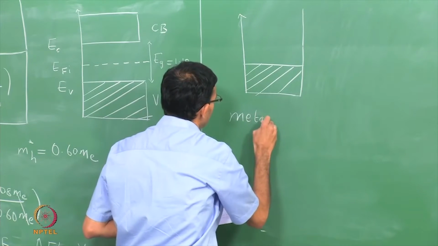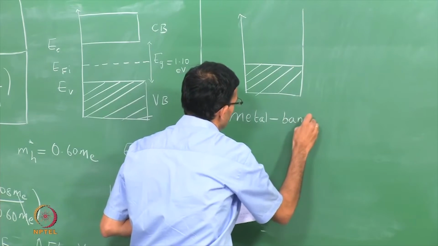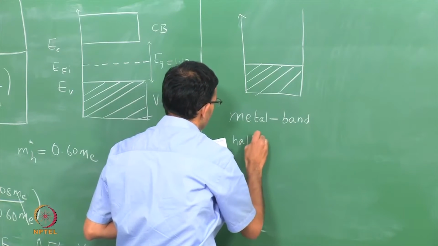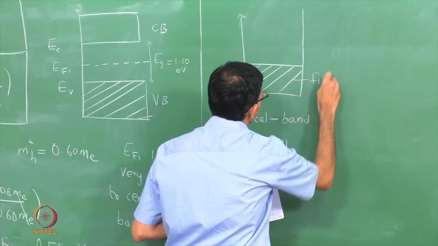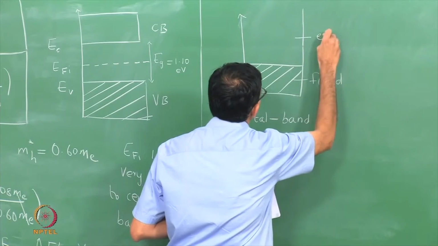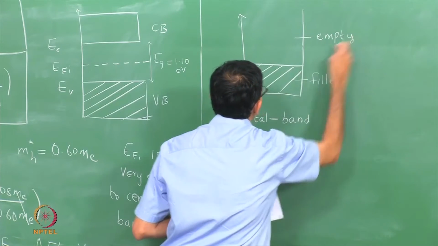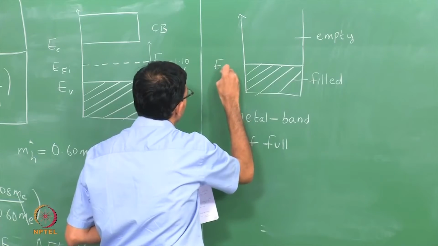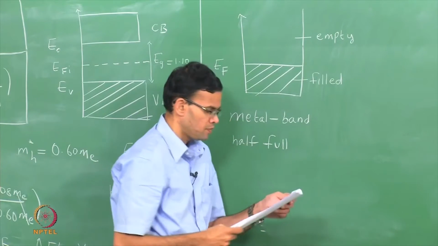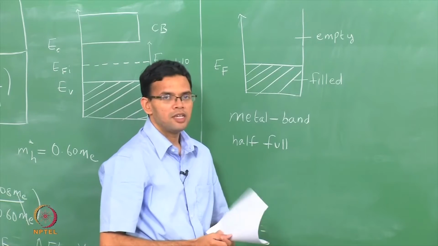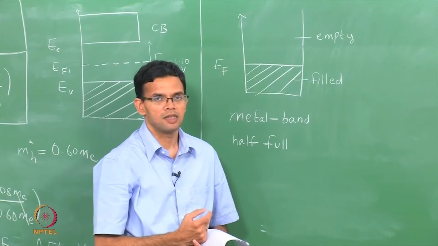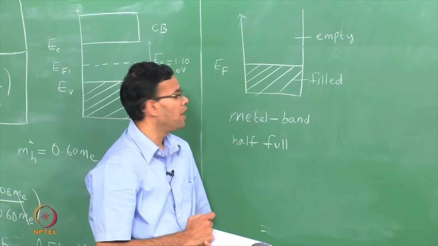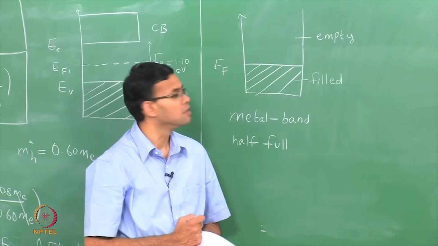In the case of a metal, your band was half full, so that you had filled states and you had empty states, and the Fermi energy separated the filled and the empty states. Now, in the case of a semiconductor, we have a valence band that is completely full, we have a conduction band that is completely empty. So, the question is, where do we put the Fermi energy?